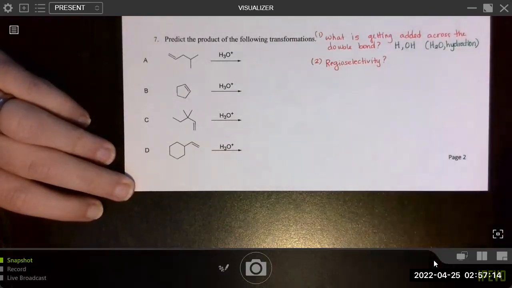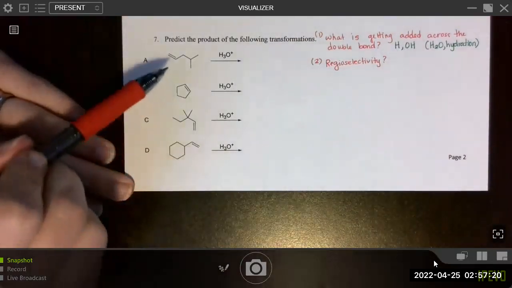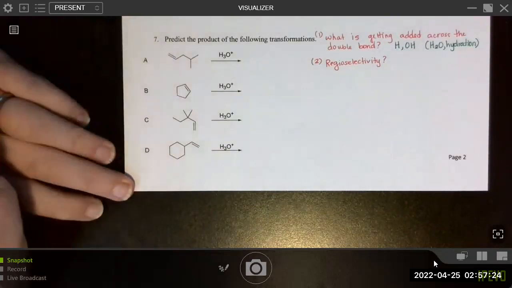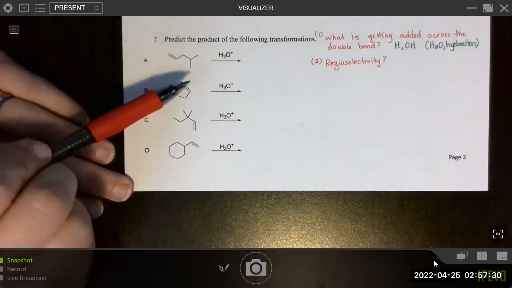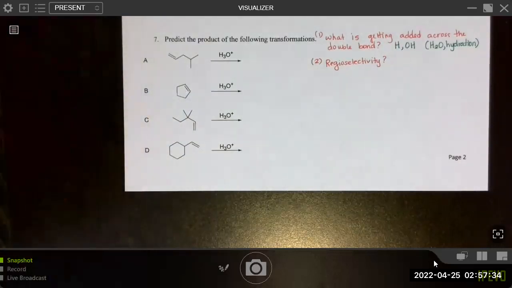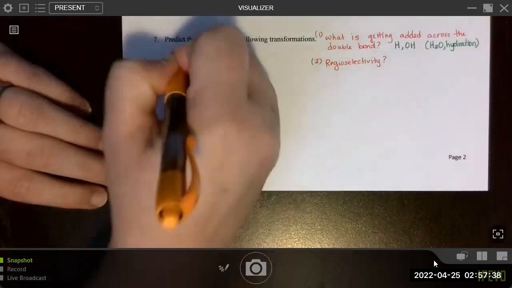In that case, we might need to consider regioselectivity. It depends on the substrate and whether or not it's symmetrical. Okay, so this one is not symmetrical. So the answer is yes, we need to consider regioselectivity. Whereas this one is symmetrical, so we do not need to consider regioselectivity. So I'll just come over here and sort of draw a line.